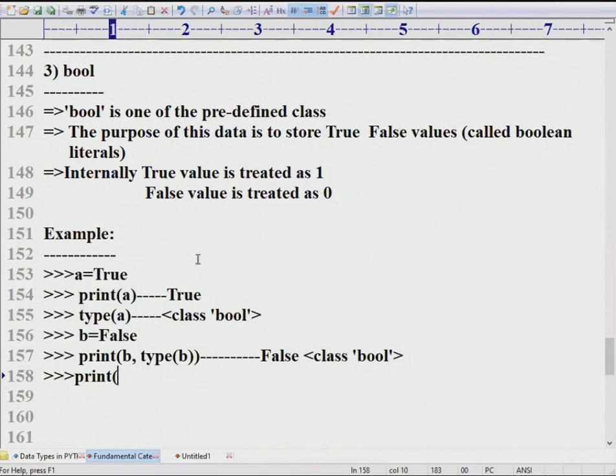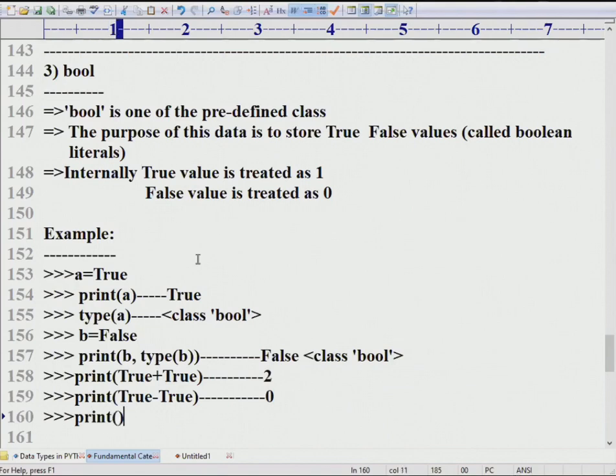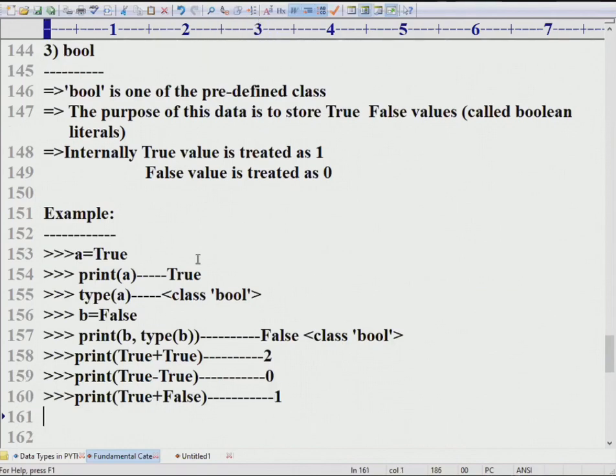Print of true plus true. This is important. It is 2. Print of true minus true is 0. Print of true plus false is what? 1.